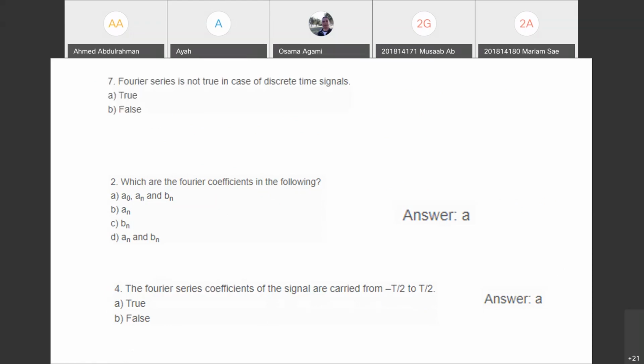Now, Fourier series is not true in case of a discrete time signal. Yeah, because it needs a continuous periodic signal, not discrete.